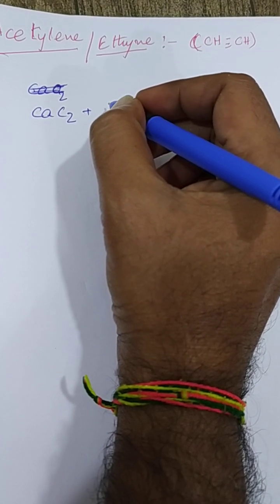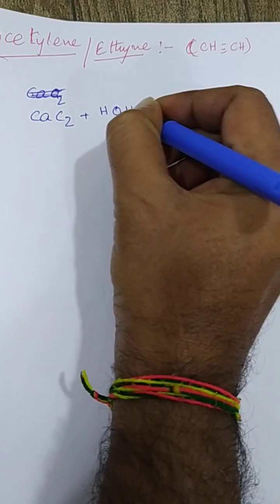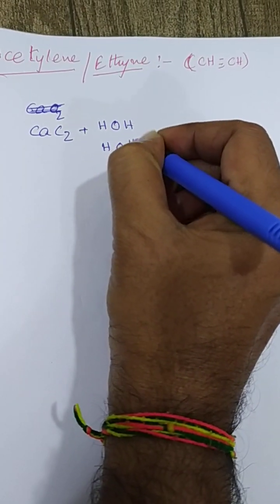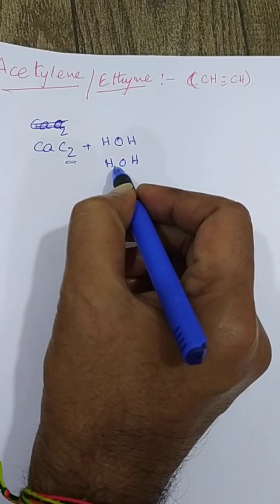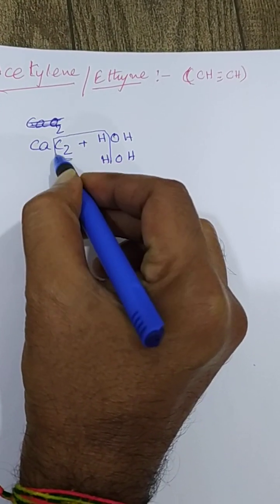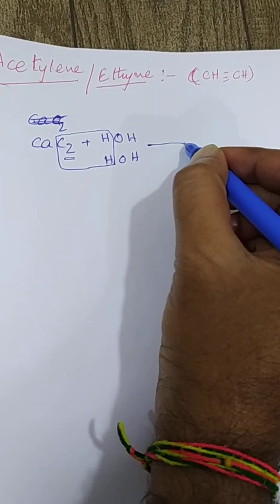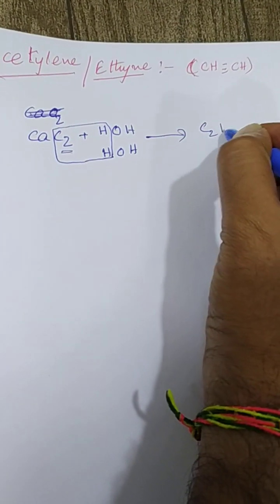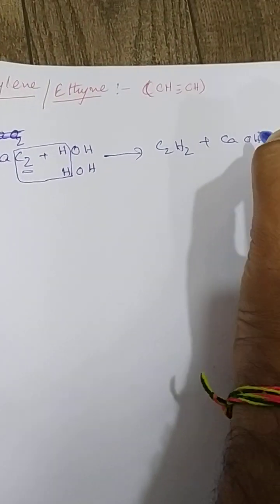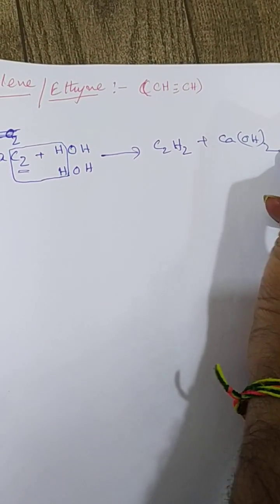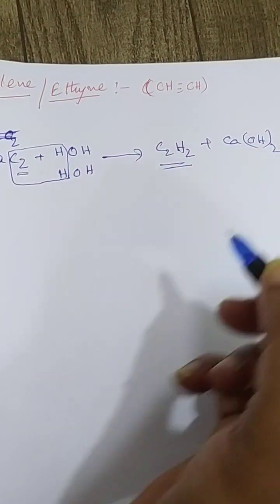As we all know, with two water molecules, these two carbons will take these two hydrogens and form C2H2 and Ca(OH)2, calcium hydroxide, and this is acetylene.